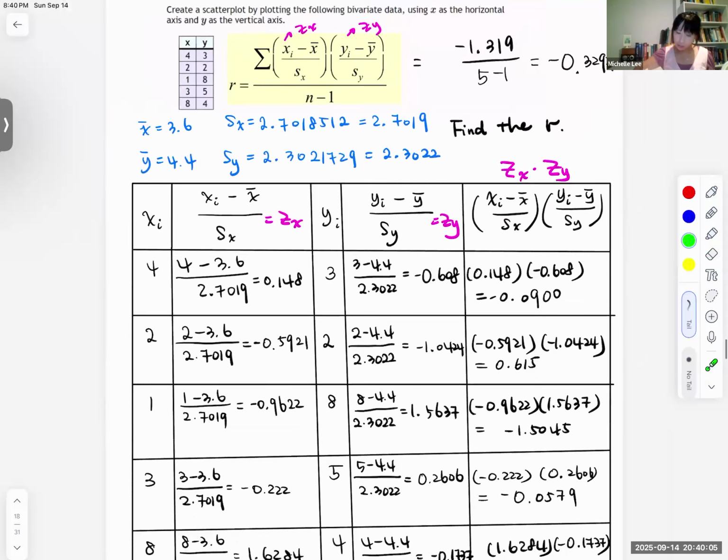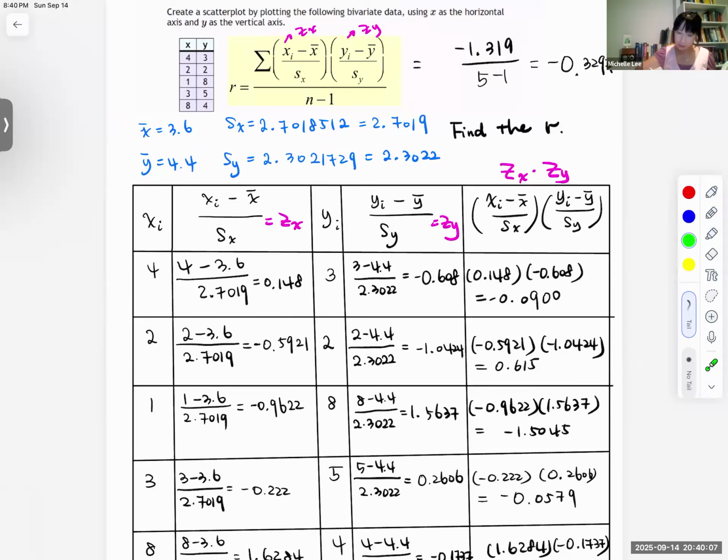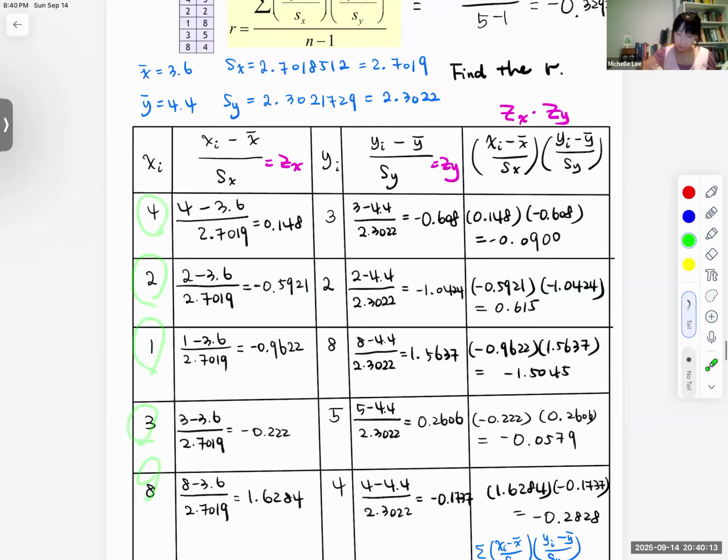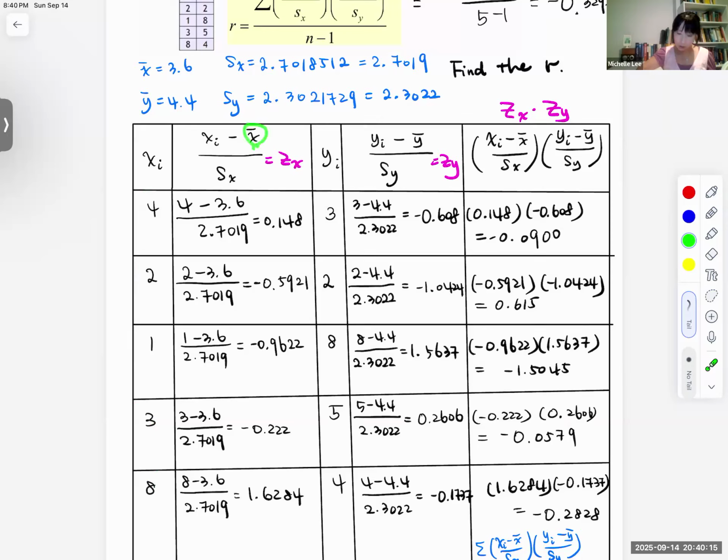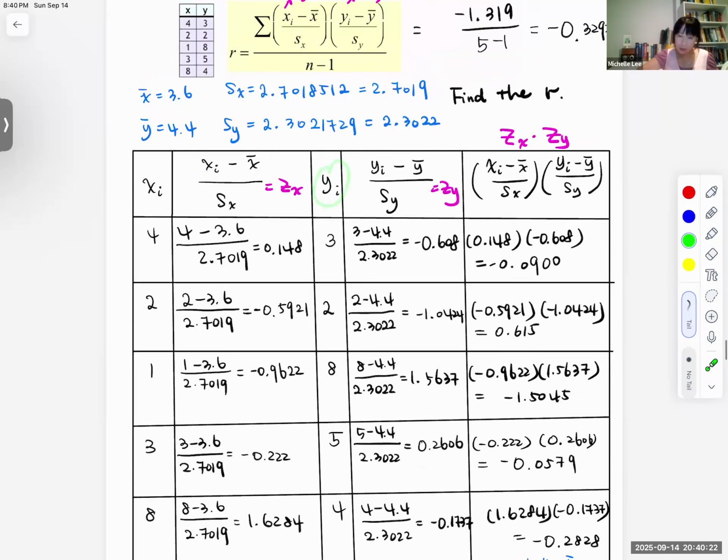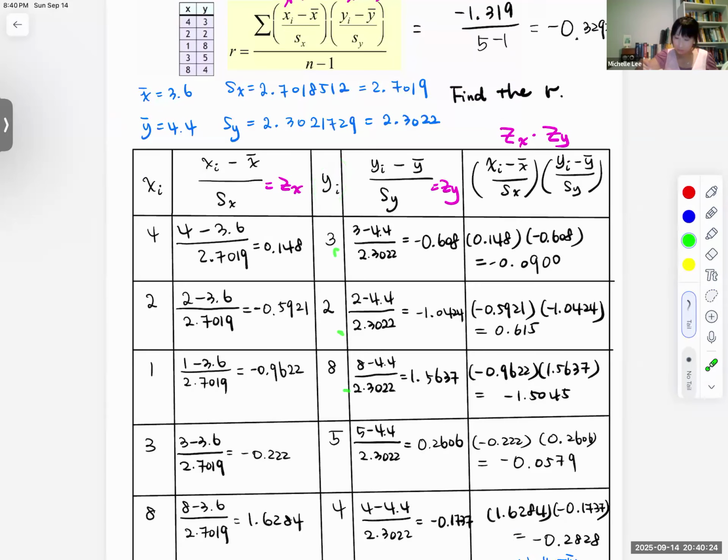So z sub x, calculate individually for 4, 2, 1, 3, 8 by using x bar, s sub x, right? And then we have y sub i, so 3, 2, 8, 5, 4, and then we calculate z sub y, right? Like this.